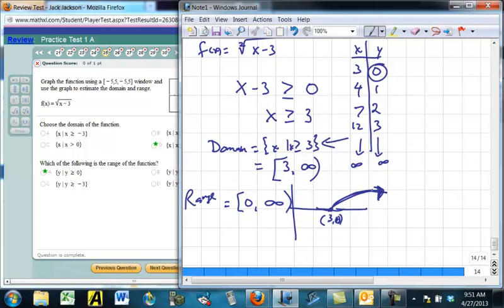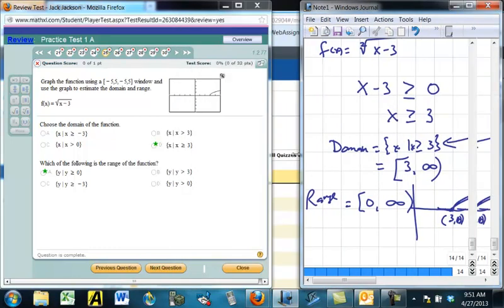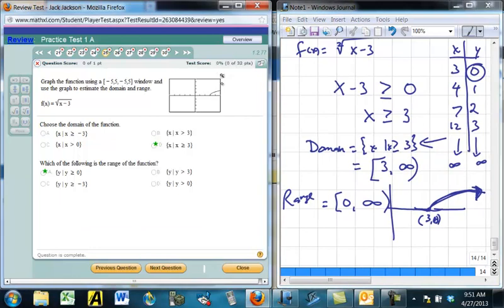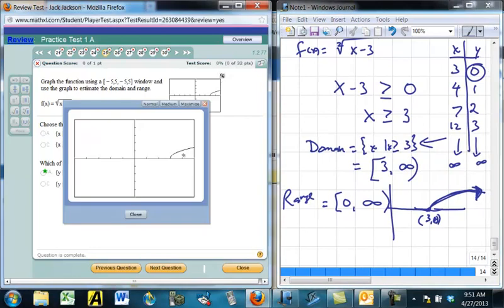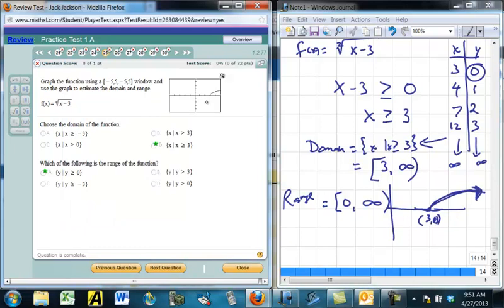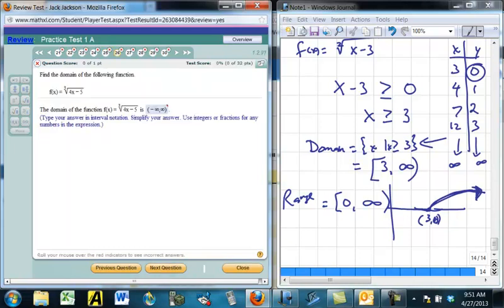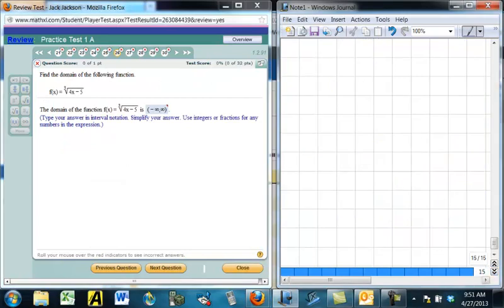And then of course they even showed you the picture, which was nice of them. And using the picture we can see, oh, there's nothing to the left of 3. It starts at 3, it goes to the right forever. Starts at 0, goes up forever. We worked that one without the picture, but with the picture helps.